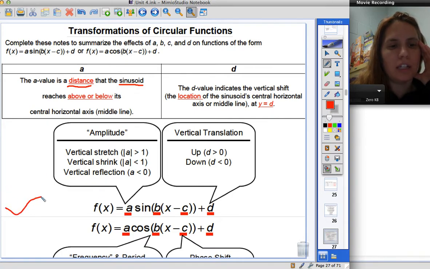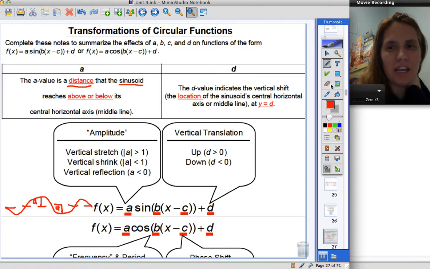On your sine graph, it's the line that's right halfway in between your minimum and maximum points. So this distance here would be A. This distance from here and here would also be A. And this is a distance, so it's just going to be the absolute value here.